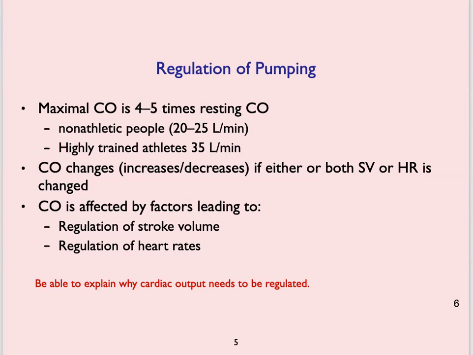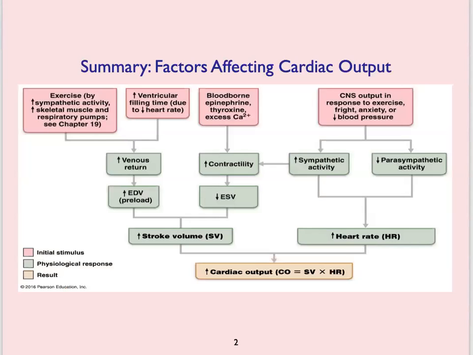If we take a look at this diagram again, we see that the influence on heart rate is pretty simple. Usually it's the autonomic nervous system. Increasing sympathetic activity increases heart rate, and then we can increase cardiac output that way.